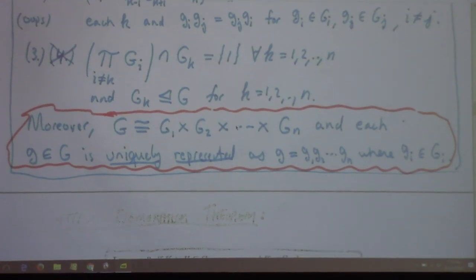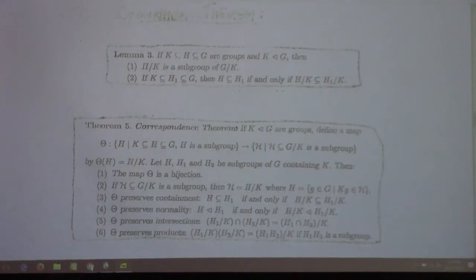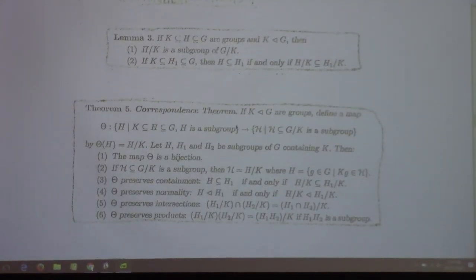So this is a nice way of thinking. This brings us to, you couldn't see it, but this is sometimes called the Lattice Isomorphism Theorem, or sometimes called the fourth isomorphism theorem. It essentially says that there's some correspondence between, so if K is a normal subgroup, right?